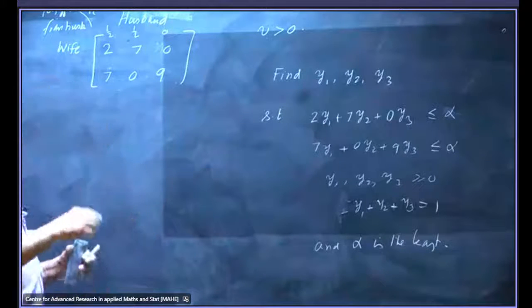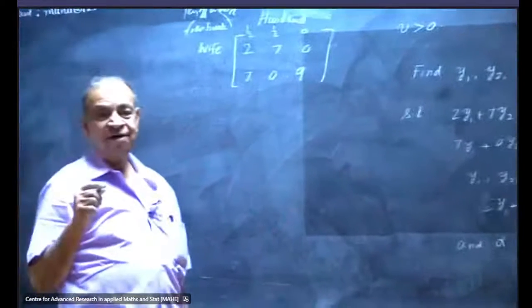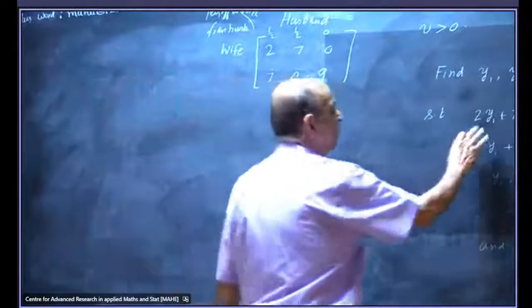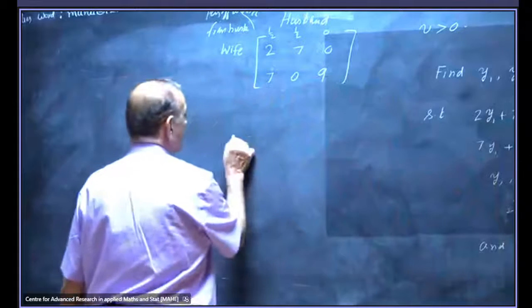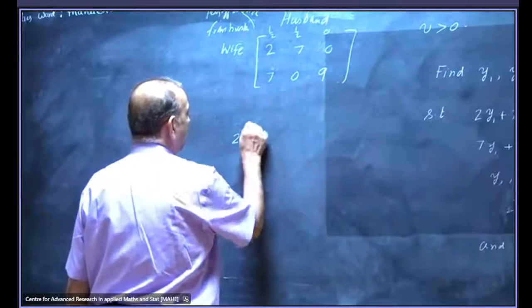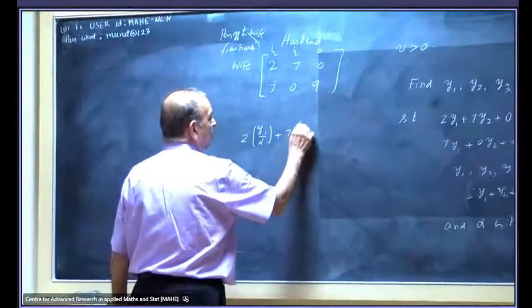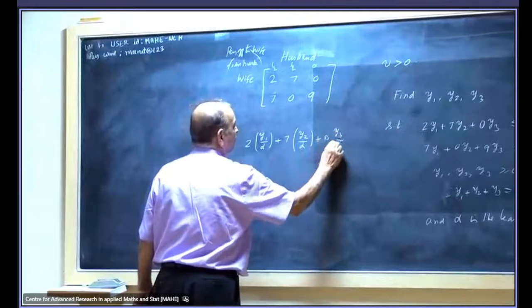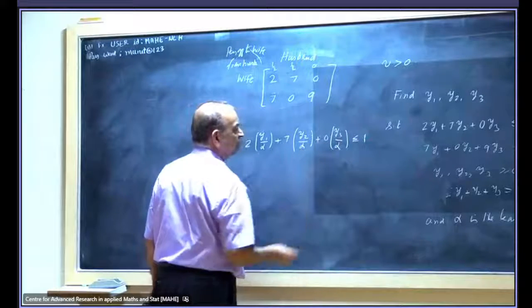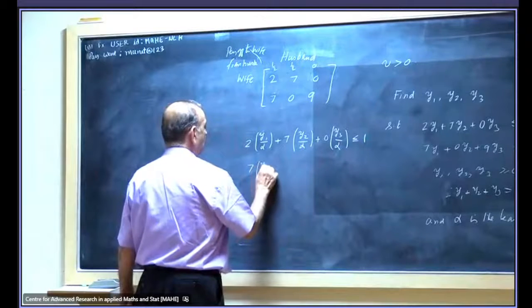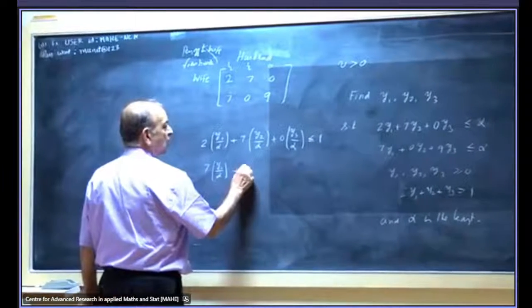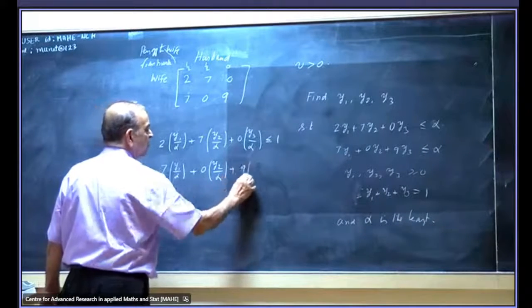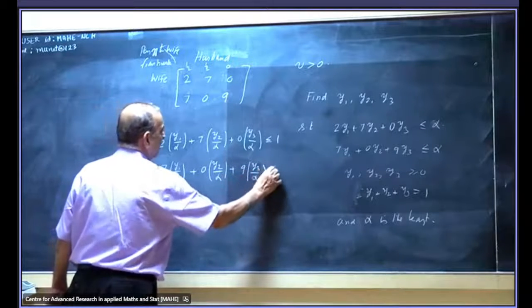The little trick is, you can assume alpha has to be positive. Okay? So I can divide by alpha and write down 2y1 by alpha plus 7 y2 over alpha plus 0 y3 over alpha less than or equal to 1. 7 times y1 over alpha plus 0 times y2 over alpha plus 9 times y3 over alpha less than or equal to 1.